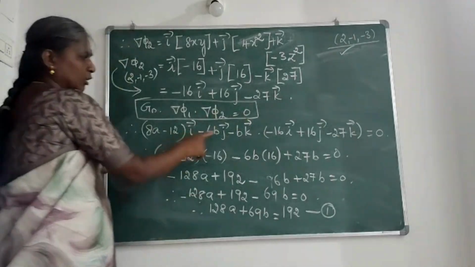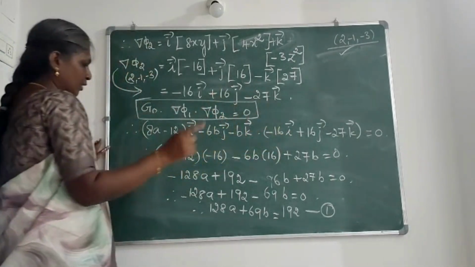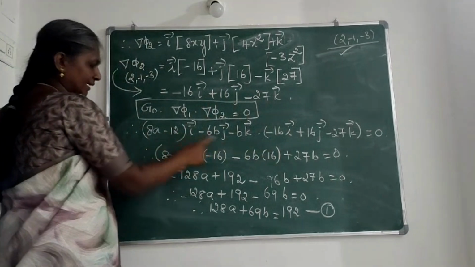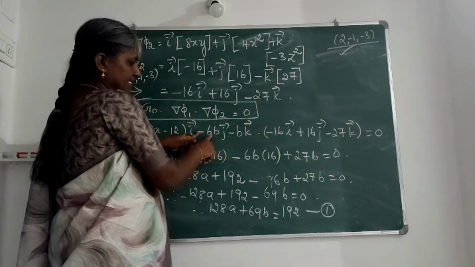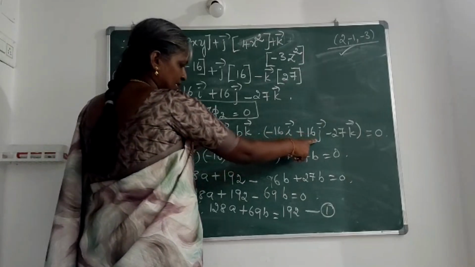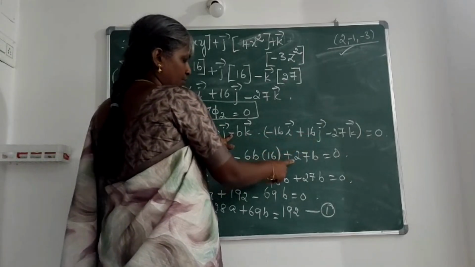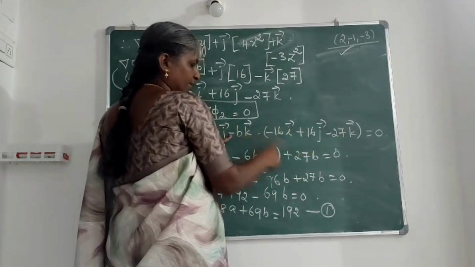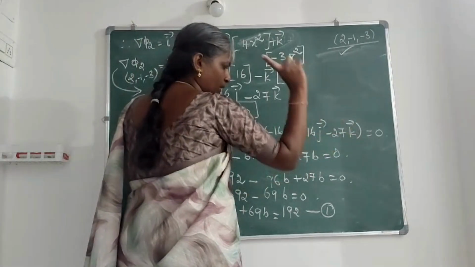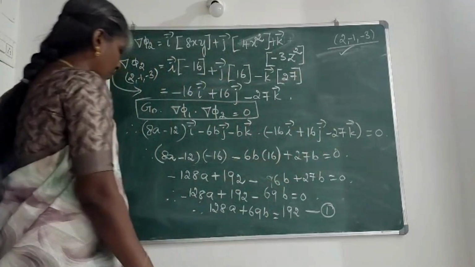The dot product of these two, del pi 1 and del pi 2, is equivalent to 0. So I dot I is 1. So 8a minus 12 into minus 16, minus 6b into 16, minus and minus so plus 27b, k dot k is 1, equivalent to 0.